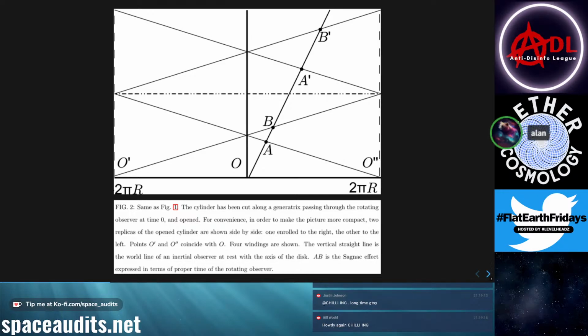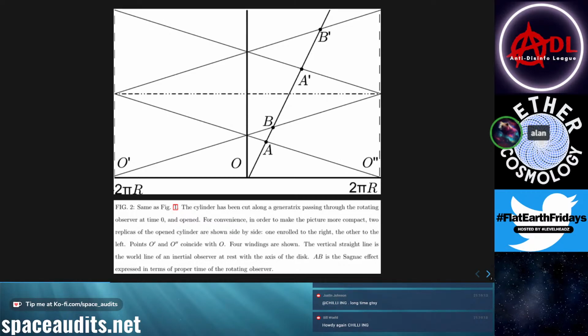So to explain the Sagnac effect, to go over that and give a visual for it, they made this graph here where O is the world line of the stationary observer. To be clear, this image literally makes me sick to my stomach. This line that's deviating here is the observer that's in rotation.